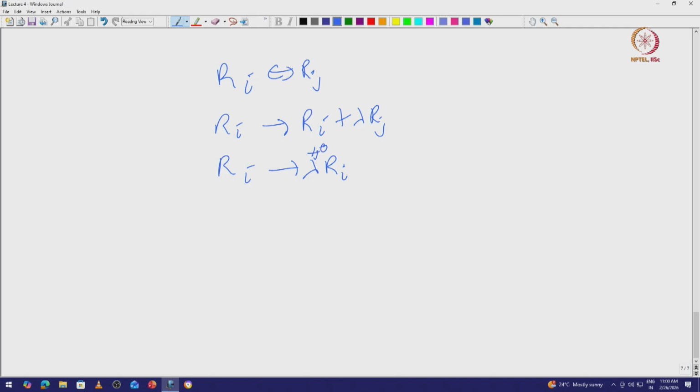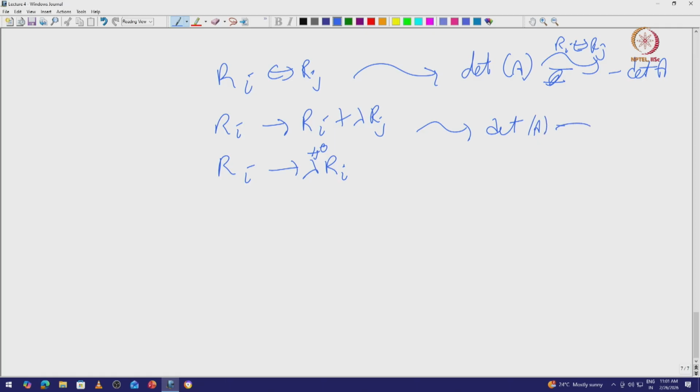Now it turns out these operations have an effect on the determinant. If you interchange rows, then under interchange of rows, you pick up a sign. When you add a row to a multiple of another row, this doesn't change the determinant.